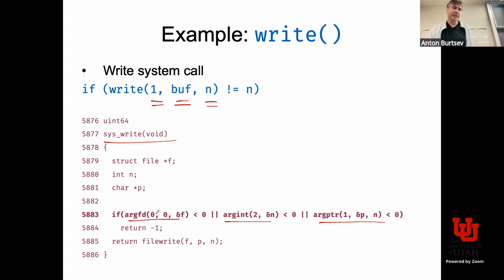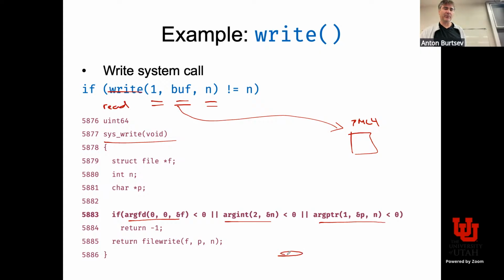But in order to access any of those numbers, you have to carefully check that they actually point to valid locations in the user address space, instead of, for example, a buffer pointing to the location of a PML4 in the kernel, which is obviously an attack. With write, it's not an attack, but if you do a read system call and read something from disk into the page table, that allows you to overwrite the page table.